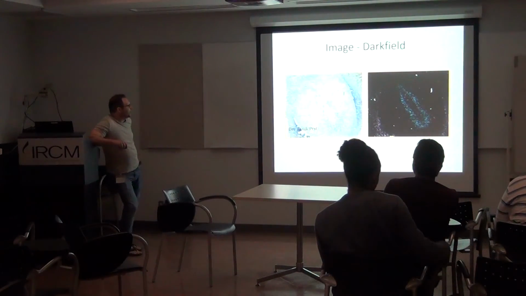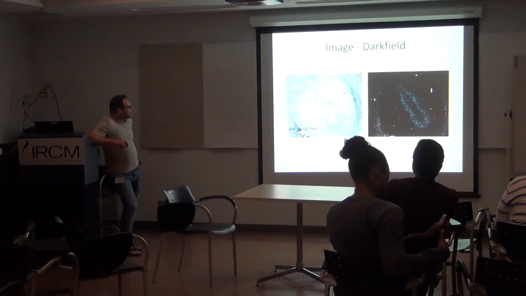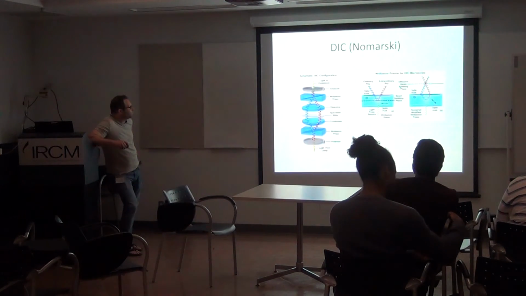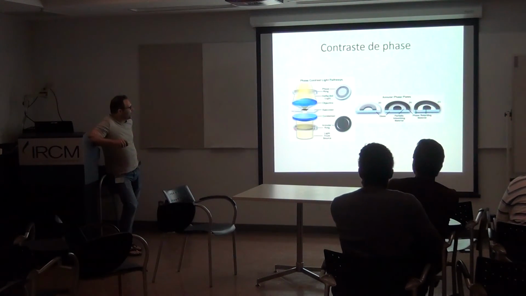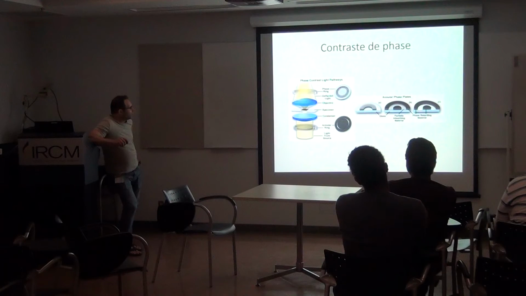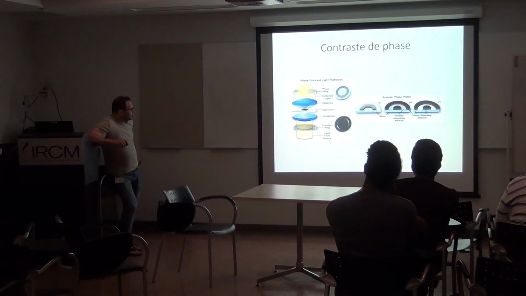Dark field, that's a funny technique. Dark field is similar to phase contrast. You don't need a ring to make the light interfere, and actually you need a ring which has a bigger aperture than your objective.